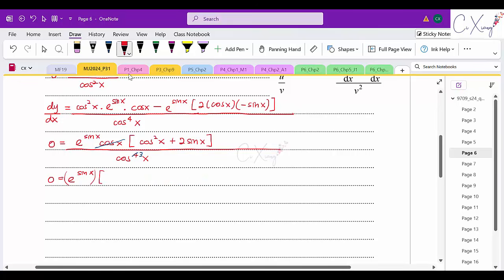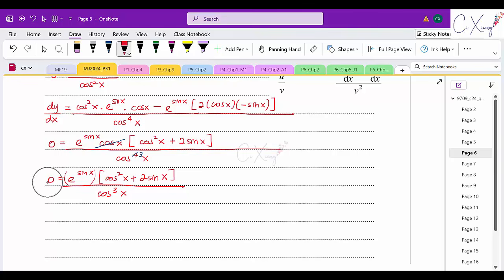So I have only these 2 terms here, cos square x plus 2 sine x, divided by cos power 3. Yeah, I think this is the correct one. So you have to simplify them first before you move up the cos power 3 multiplied with 0. Okay, then now you need to solve only 2 equations on top.